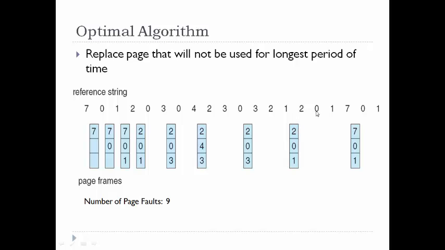So 2 is used, 0 is used, but 3 is not used in the near future. We are inserting this 1 in the place of 3. So we have 2, 0 and 1. So 2, 0, 1 is already present in the string.